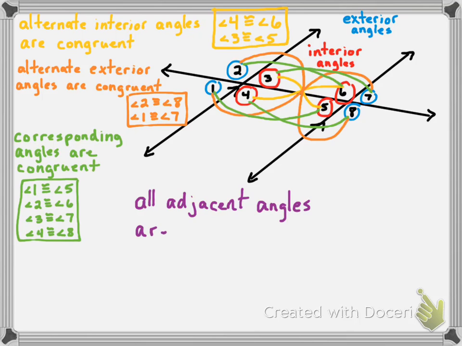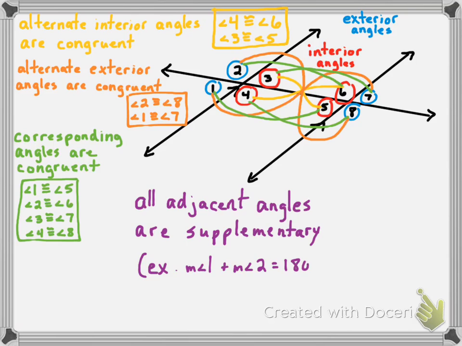Now, we already talked about what adjacent angles were. When we have two parallel lines with a transversal, all adjacent angles are supplementary. Which means angle 1 and angle 2 are supplementary, which means angle 1 plus angle 2 equals 180.